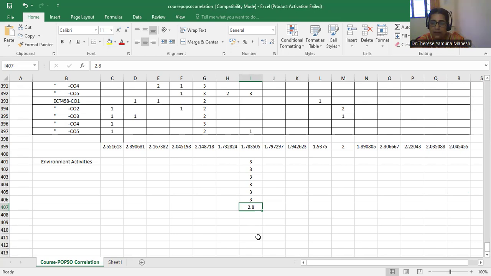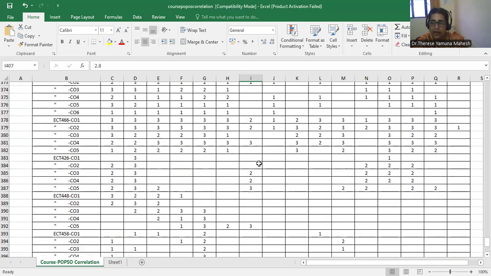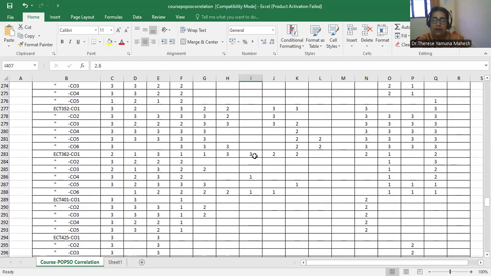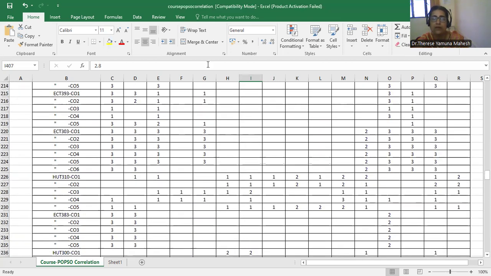Because the target can be set only if the attainable value is maximum. If the attainable value is only 1.73, how will you set the target? The target can be set only below this. Now, the next sheet, we will see the actual attained values for the Department of Electronics and Communication.